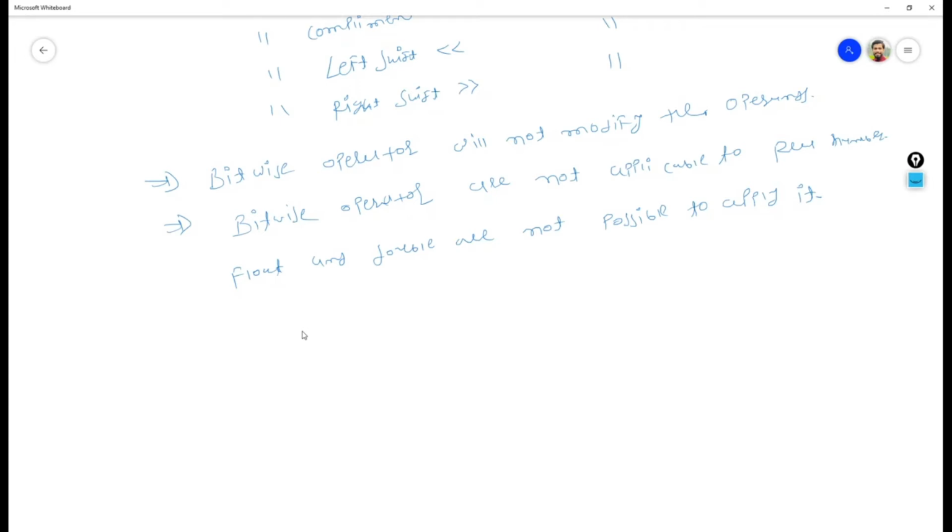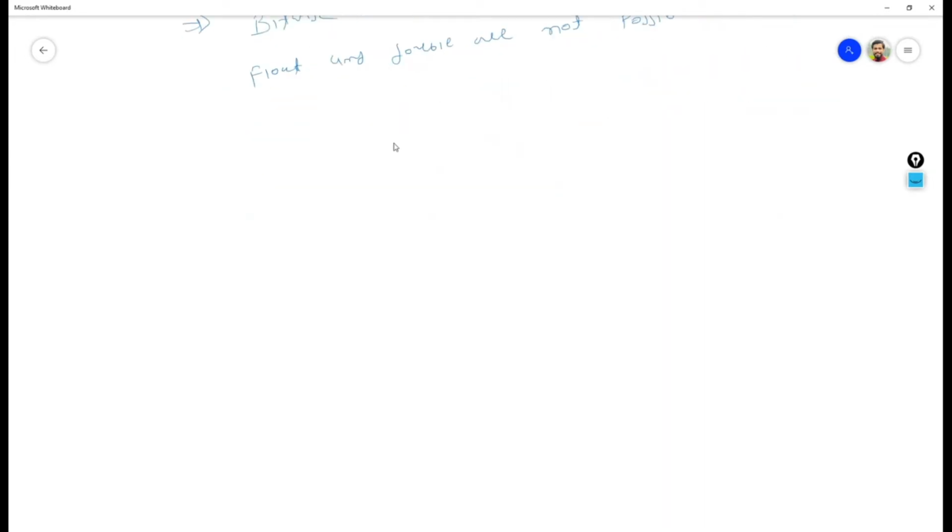So we will write down the truth table again. There is A, there is B, A ANDing B, A ORing B, A XOR B. 0 0, 0 1, 1 0, 1 1. AND is 0 0 0 1. OR means 0 1 1 1.